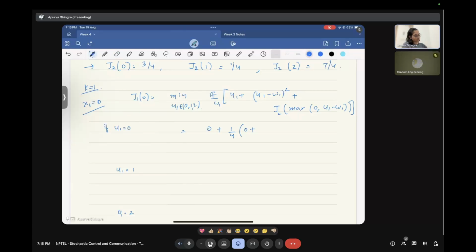We have to take j2 of the 0th state. u1 and w1 are both 0, so this is just j2 of that state, meaning it's going to be 3/4 that we use here. And with probability 3/4, it's the other situation where w1 is 1. That gives us 1 squared plus j2 of 1. Then we have to plug in those values and solve for it.